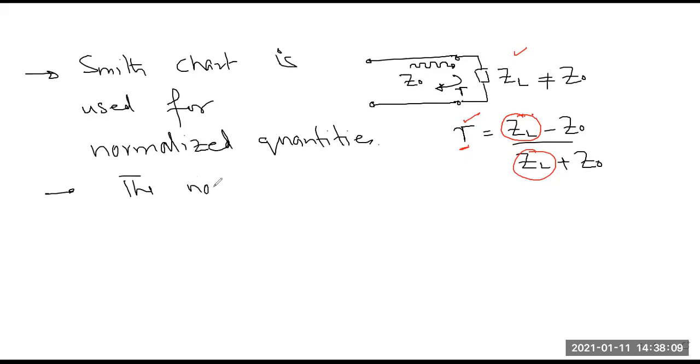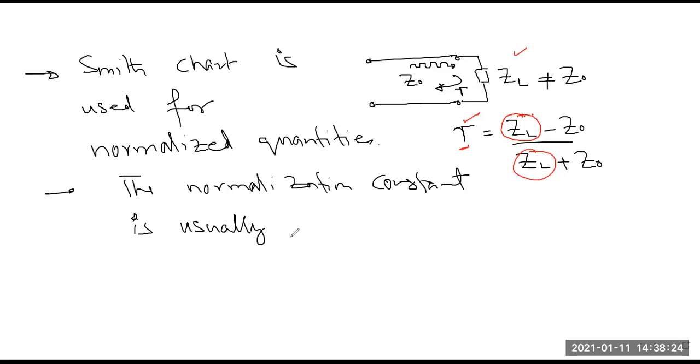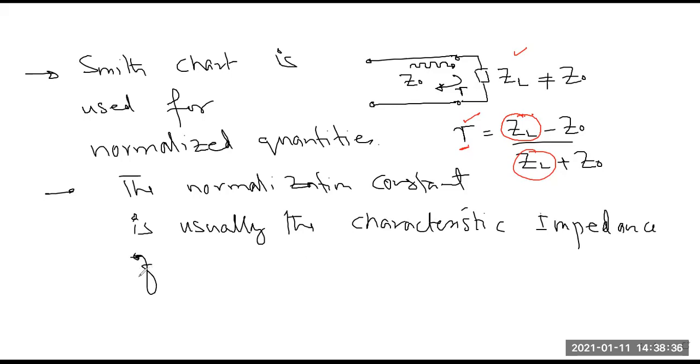The normalization constant is usually the characteristic impedance of transmission line.